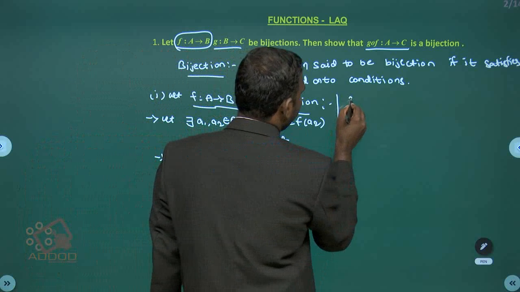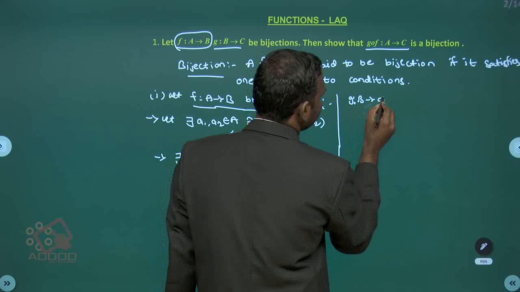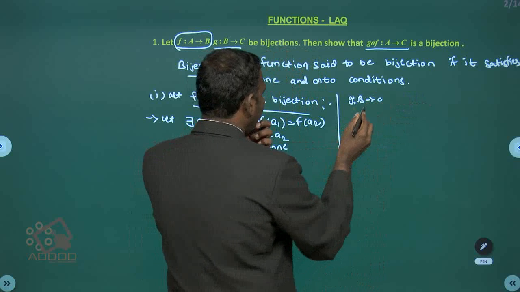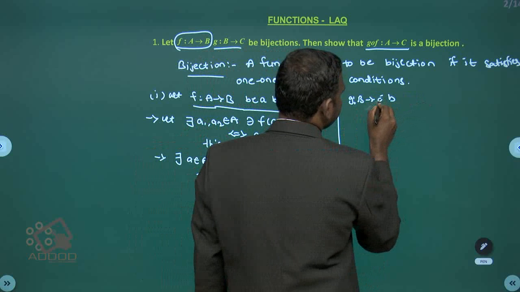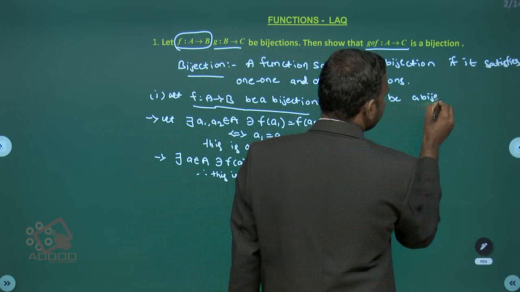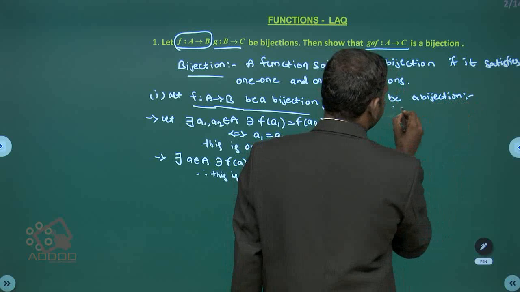Same thing for the function g. Here I am taking g, a mapping from B to C, to be a bijection. This is the condition.